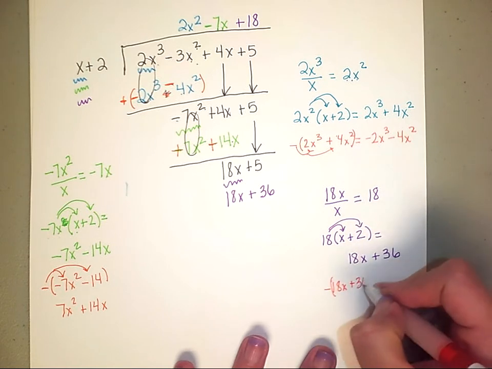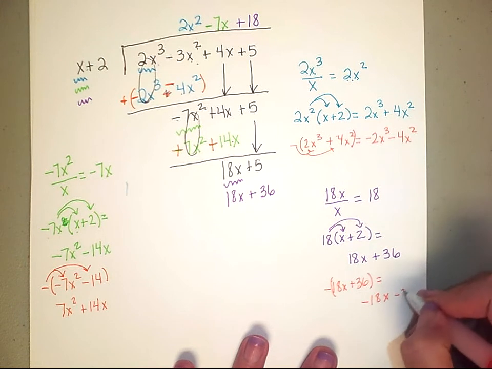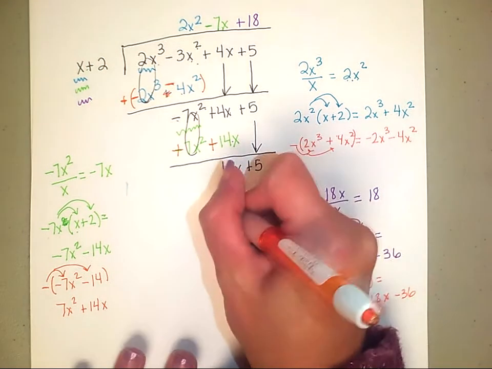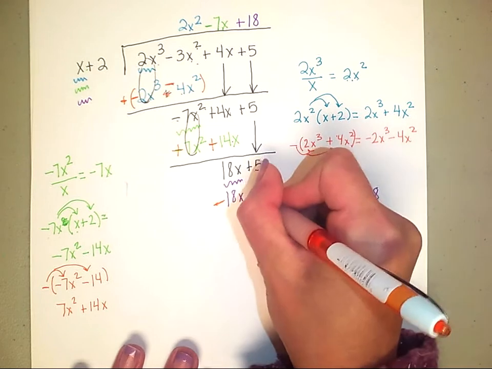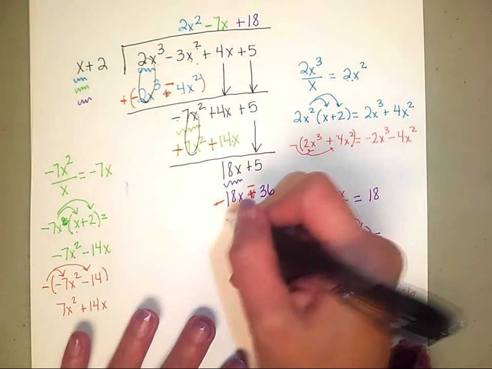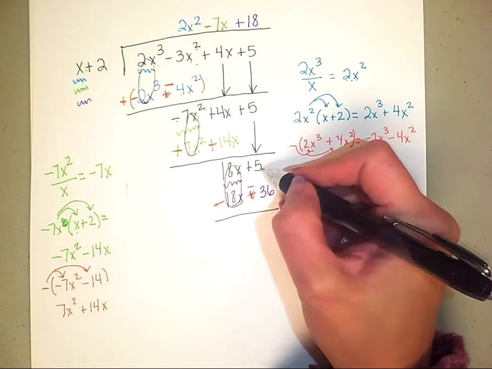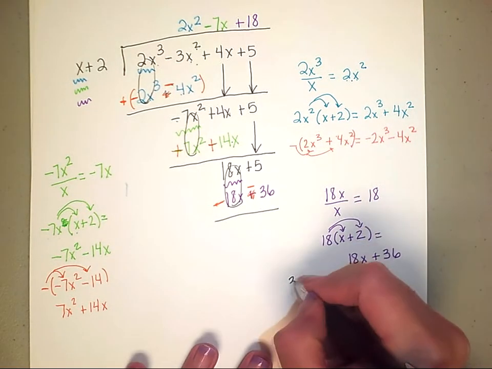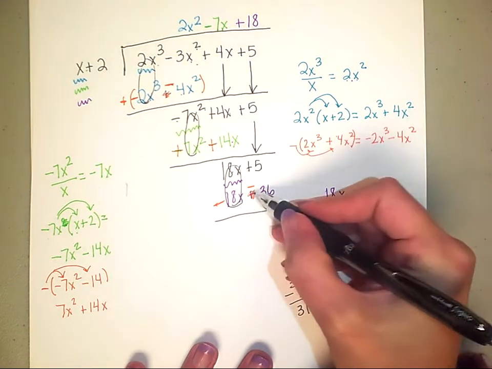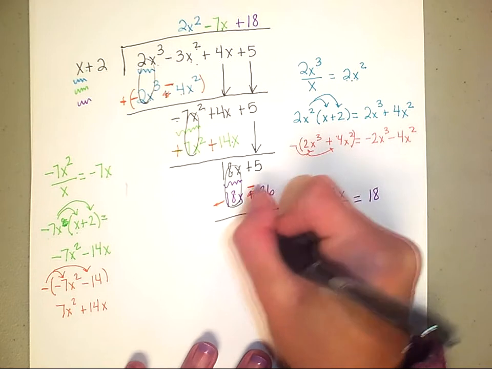We're going to subtract that entire thing, so that becomes negative 18x minus 36. So this needs to be a negative, and this does as well. Now we can subtract. 18 minus 18 goes to 0, and 5 minus 36, well, that's just 36 minus 5, which is 31, but the sign of the larger number is negative, so we'll get minus 31.